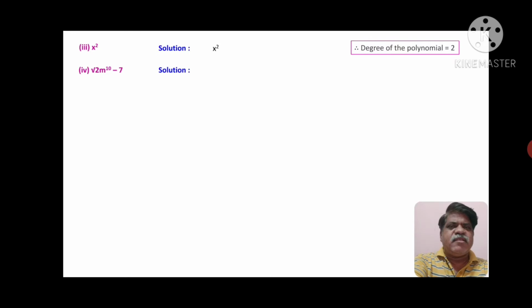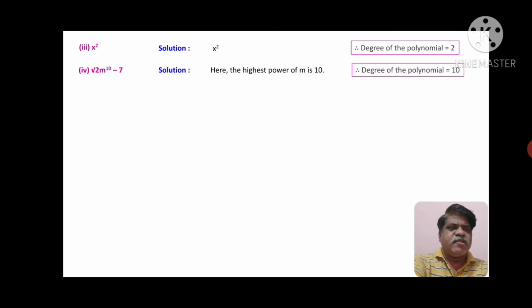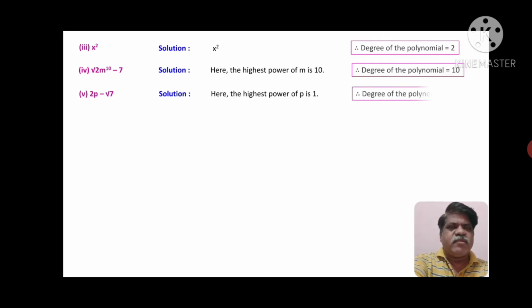Here you can see the given polynomial has the highest power m raised to 10, means the index is 10, therefore the degree of the polynomial is equal to 10. Now fifth one, 2p minus root 2. Here you could find the highest power or index of p is 1, therefore the degree of the polynomial is equal to 1.